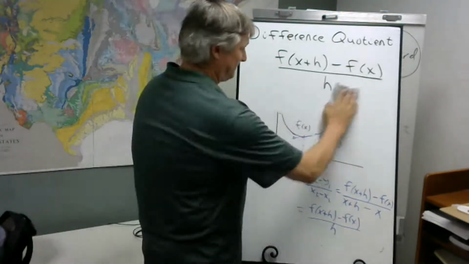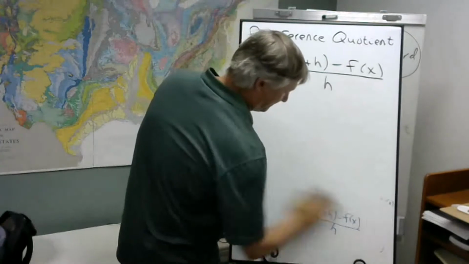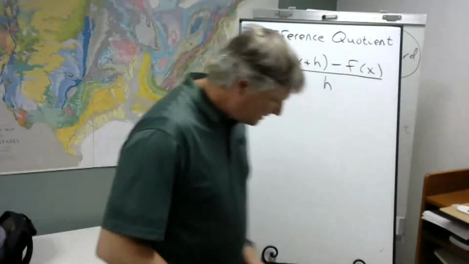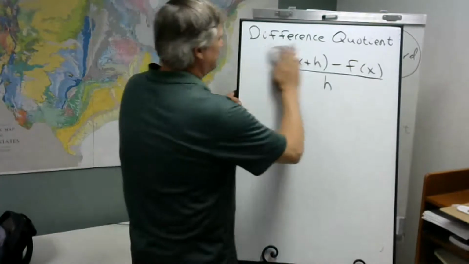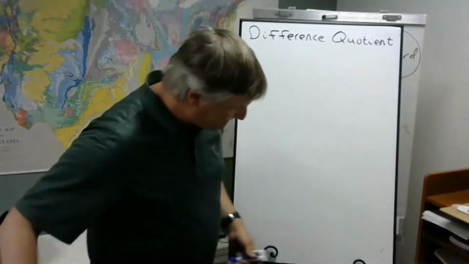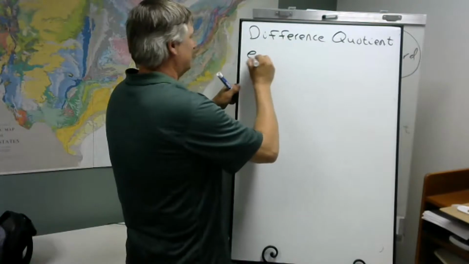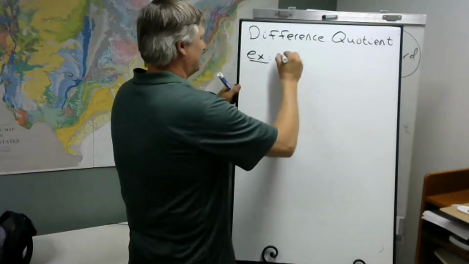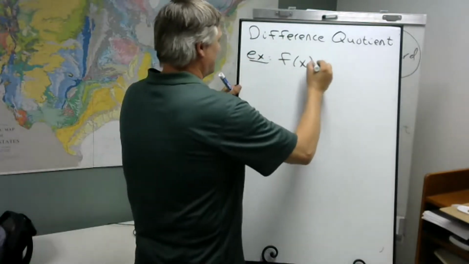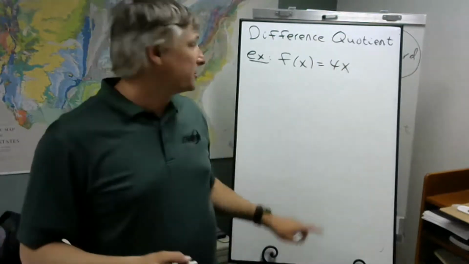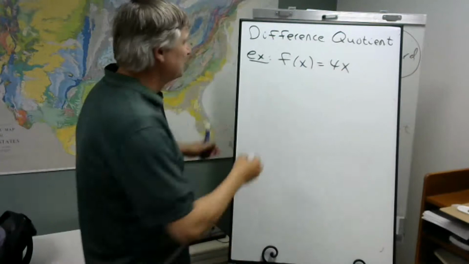Moving on. So let's do some examples with it, and we'll play around with some calculus too. So let's say we have this. Let's compute the difference quotient for that.